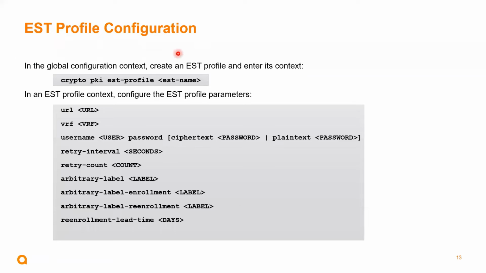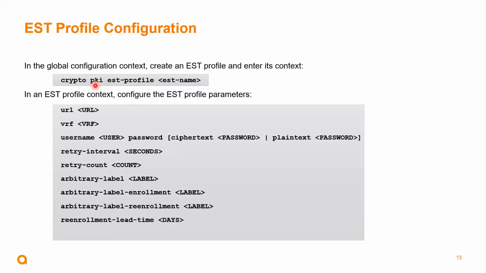Next comes the EST profile configuration. All these configurations are legacy configurations that are available from the 10.6 release onwards. For more details about these configurations, you can refer to the 10.6 UI content on EST. First comes the EST profile configuration. In the global configuration context, we have to mention crypto pki est-profile and then the EST profile name.